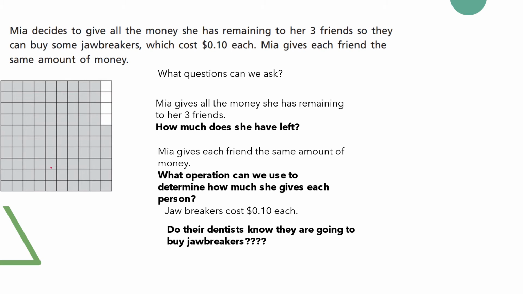So I'm going to just go over this in orange just so my eyes are not tricked. Mia gives each friend the same amount of money. I'm going to highlight the word same. That's going to help me with this. What operation can we use to determine how much she gives each person? Finally, jawbreakers cost 10 cents each.